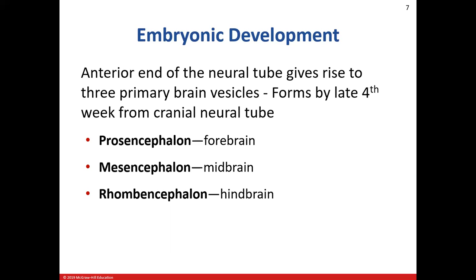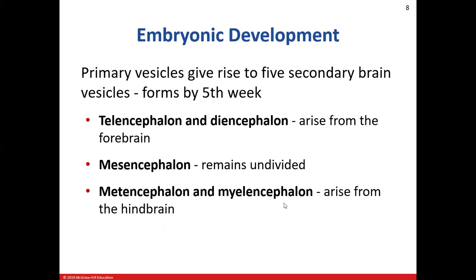The prosencephalon is going to give rise to the forebrain. The mesencephalon is going to give rise to the midbrain, and the rhombencephalon gives rise to the hindbrain. And all 3 of these structures will have additional components of brain tissue that develop from those areas.